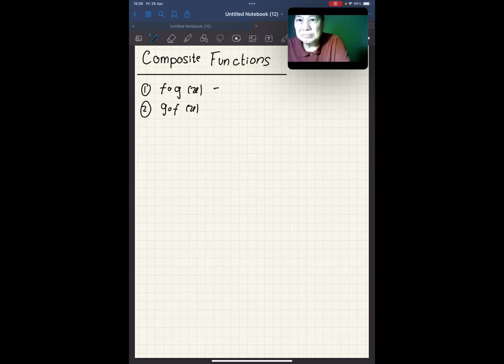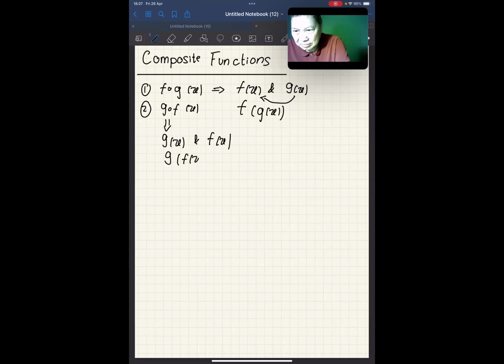For f of g, if you have an f(x) and g(x), you put the g(x) into the f(x). So it is basically f of g(x). And the same goes for g of f. If you have a g(x) and f(x), you put the f(x) into the g(x). So g of f(x).